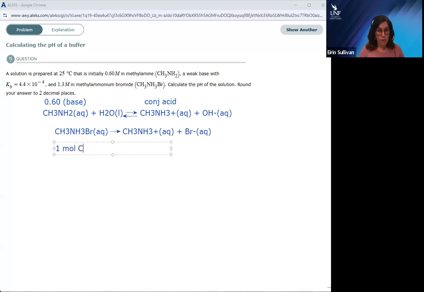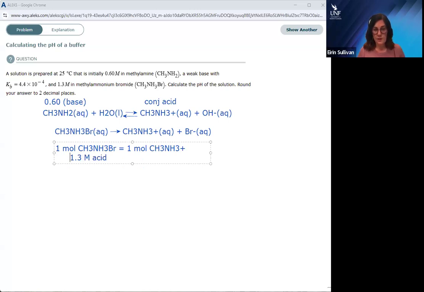For every 1 mole of methyl ammonium bromide that dissociates, it's going to yield 1 mole of my conjugate acid, my methyl ammonium ion. So in terms of concentration, it's going to be the same. If I've got a 1.3 molar solution of methyl ammonium bromide, that is going to yield a 1.3 molar solution of methyl ammonium cation. So that is my acid component.